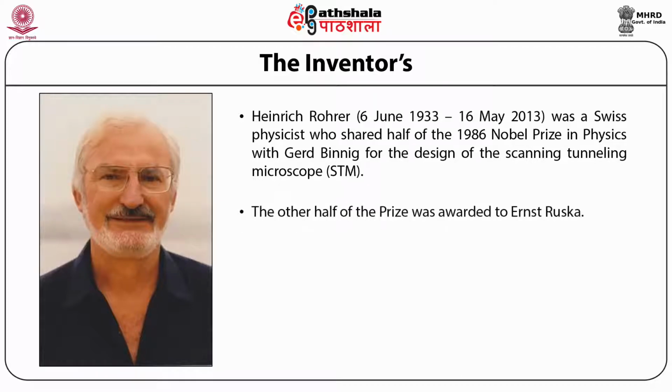The other half of the prize was awarded to Ernst Ruska. This was a great achievement on the part of Binnig and Rohrer because they worked a great deal in designing and putting the STM into use.